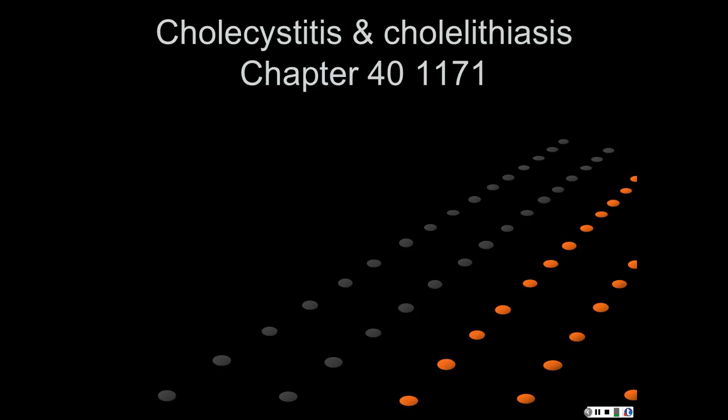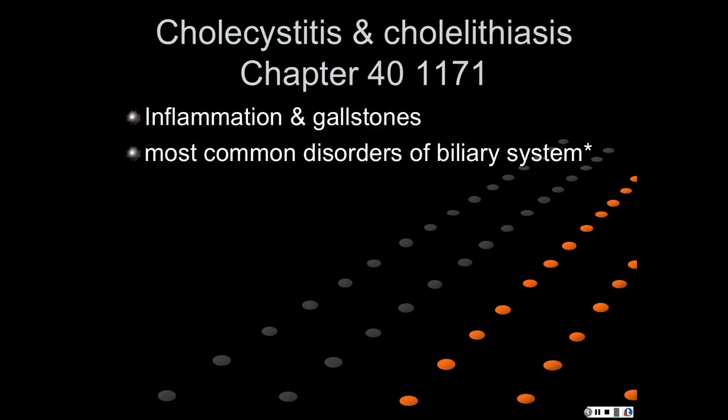Cholecystitis, cholelithiasis. Now we're getting into the gallbladder. Inflammation. Cholecystitis basically is inflammation. Cholelithiasis is gallstones. If you remember when we talked about the kidneys, we talked about urolithiasis, so it's kind of the same word.